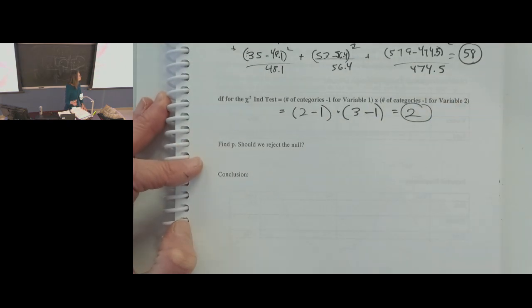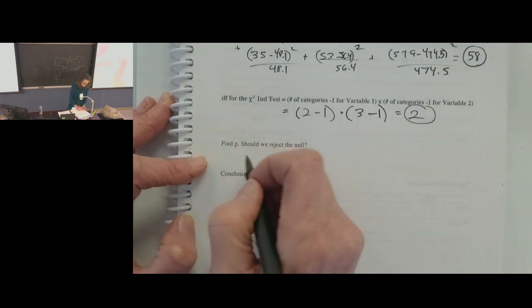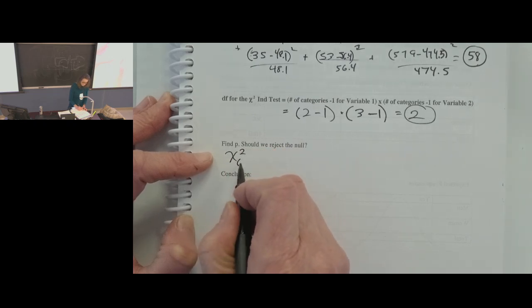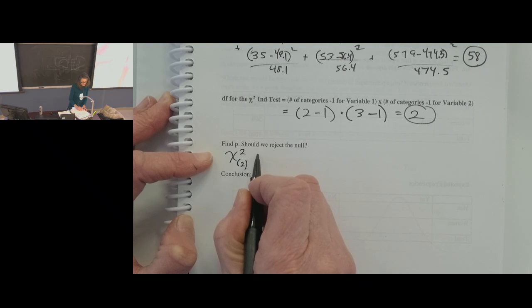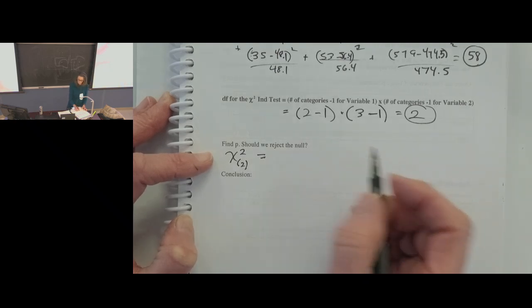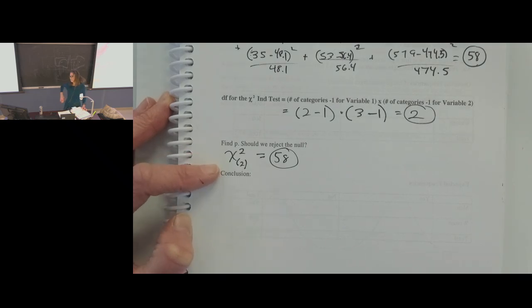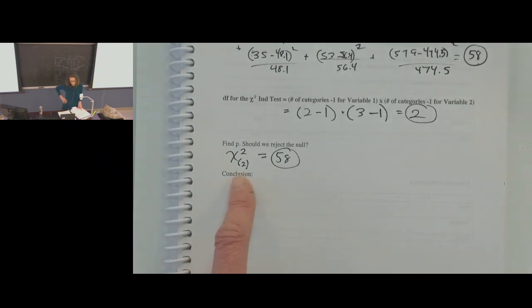Now, once you see that, we have our chi-square statistic. Our chi-square stat with 2 degrees of freedom is equal to 58. Now, do you think that's big? Remember I said that the expected value of the chi-square distribution is equal to its degrees of freedom?